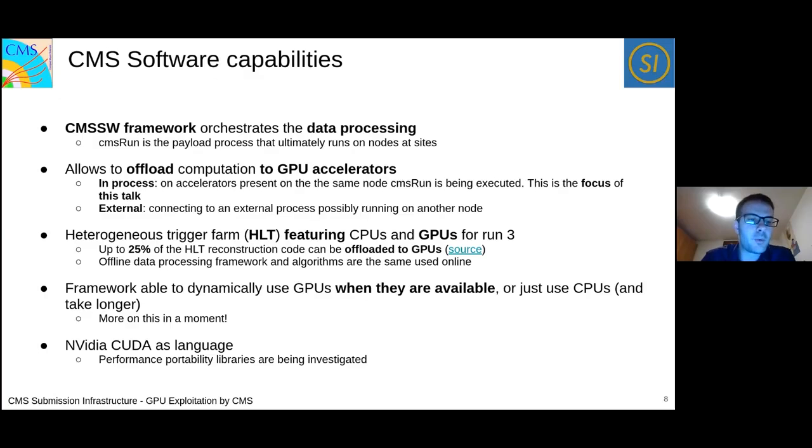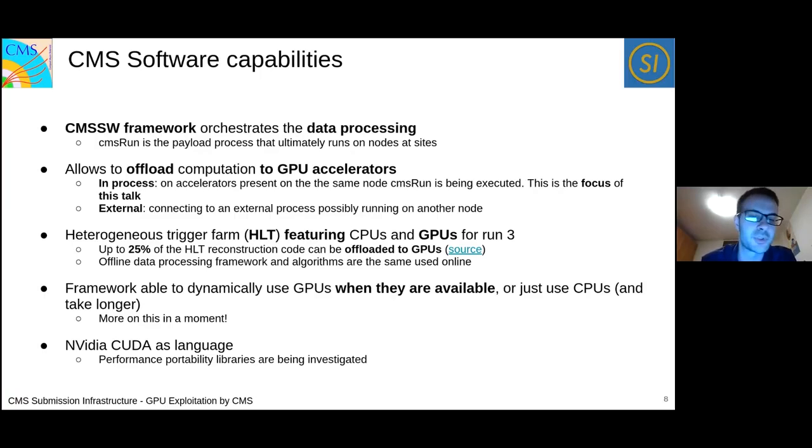And one key aspect of the CMSSW framework is that it is able to dynamically use the GPUs when they are available, which means that it's able to use all the computation power that it finds on the worker node, being these CPUs or GPUs. So it's not a dedicated GPU workload.